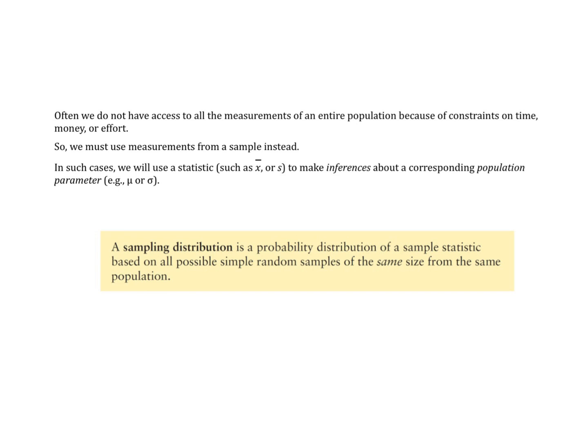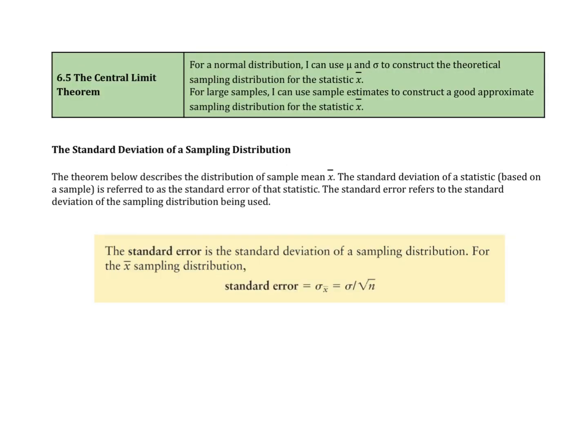So we've been looking at distributions of populations. Now we're going to be looking at distributions for samples. In section 6.5, we are going to study the central limit theorem, which will deal with the sample mean and sample standard deviation instead of the population mean and population standard deviation that we were working with up until this point.